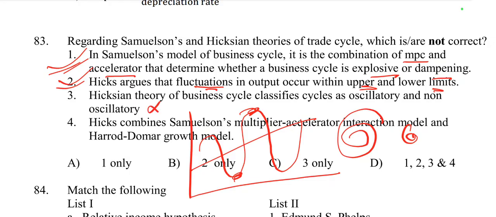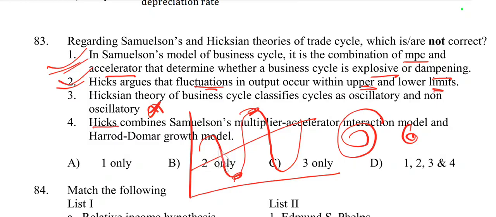No, this is incorrect, because Hicks's classification is primarily about the nature of the cycle, but he typically focuses on oscillatory cycles rather than distinguishing between oscillatory and non-oscillatory in this manner. So this is incorrect.